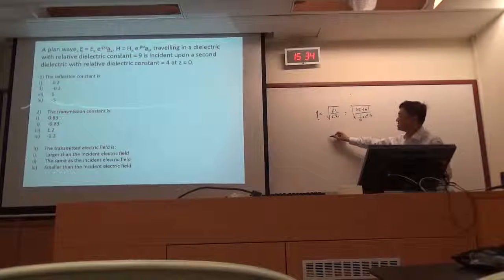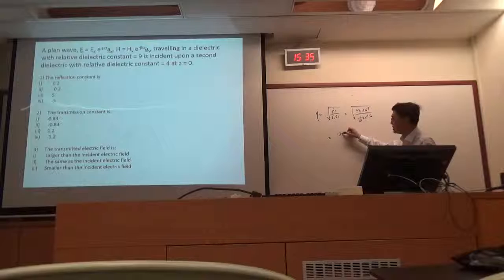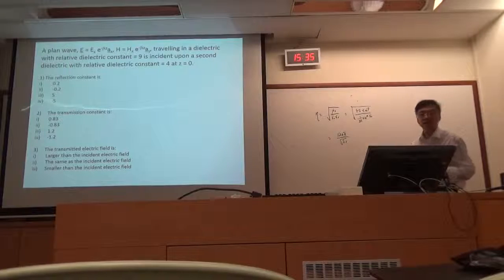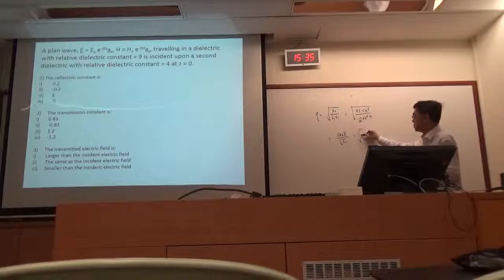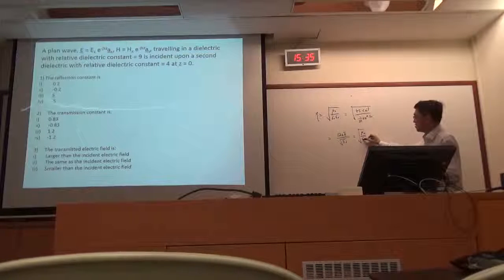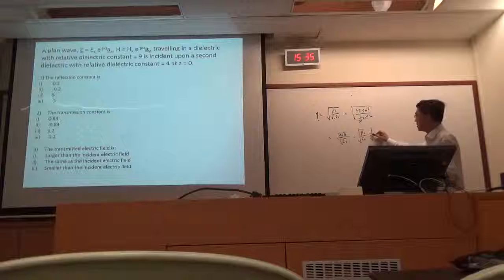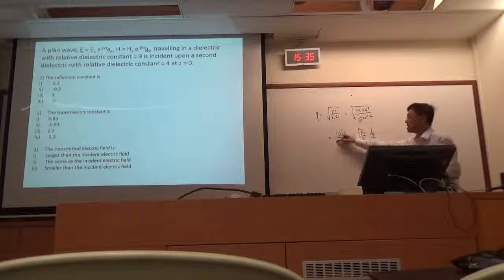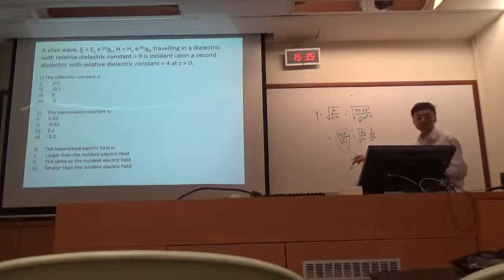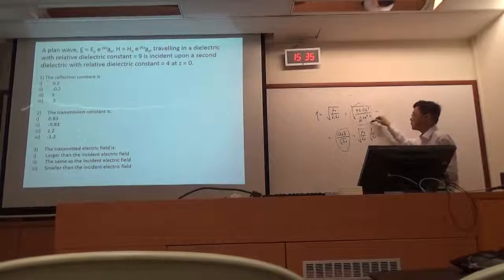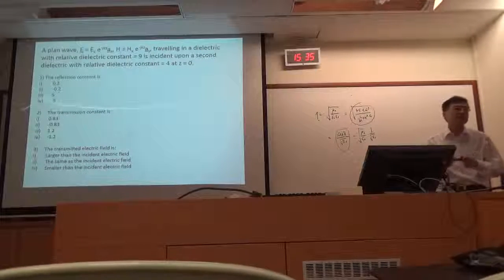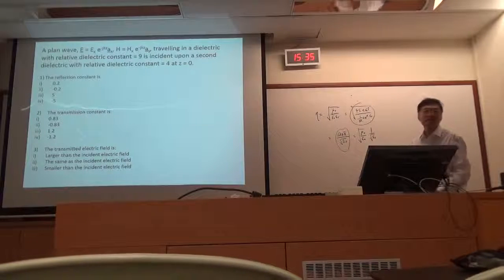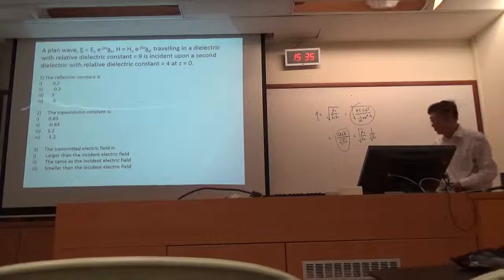Remember, this is always equal to 125 divided by the square root of epsilon r, because this is equal to mu naught over epsilon naught epsilon r. This is much faster than pressing the calculator every time when you have so many zeta to calculate. This is a shortcut that you should know how to do.